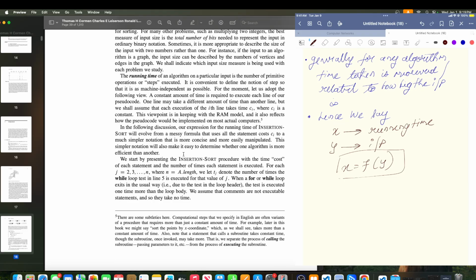The running time of an algorithm on a particular input is the number of primitive operations or steps executed. Now it is convenient to define the notion of step so that it is as machine independent as possible. For the moment, let us adopt the following rule. A constant amount of time is required to execute each line of our pseudocode.